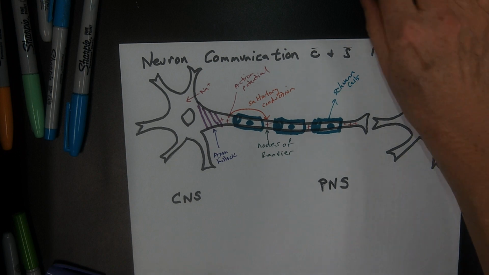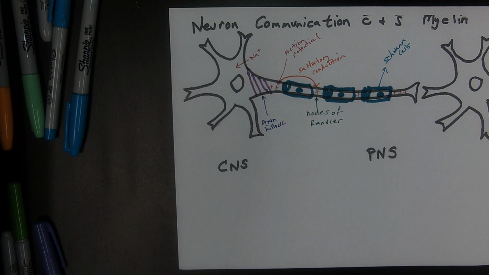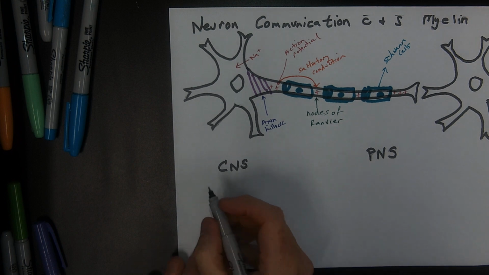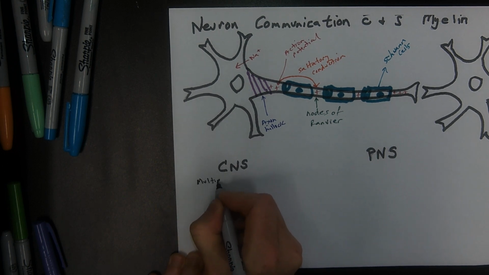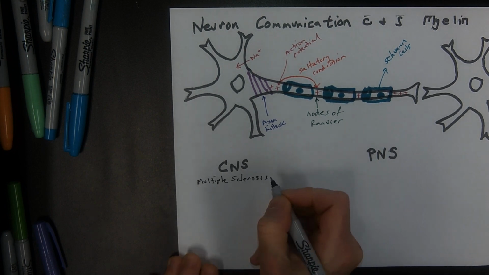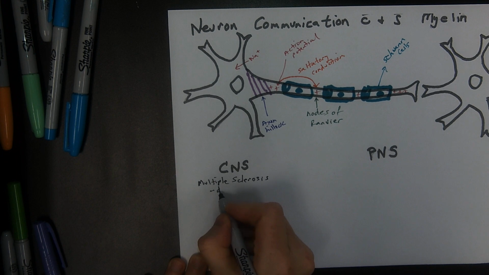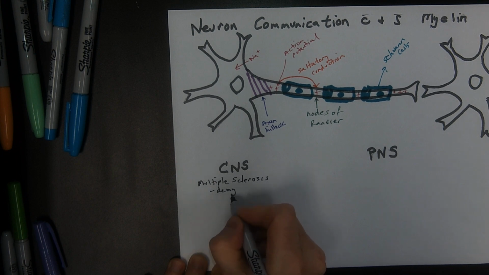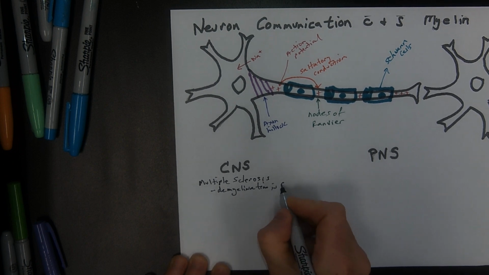We talked about, or I asked a general question, about the central nervous system having a problem with demyelination. We talked about that being due to multiple sclerosis. Multiple sclerosis is a demyelination in the CNS, central nervous system.